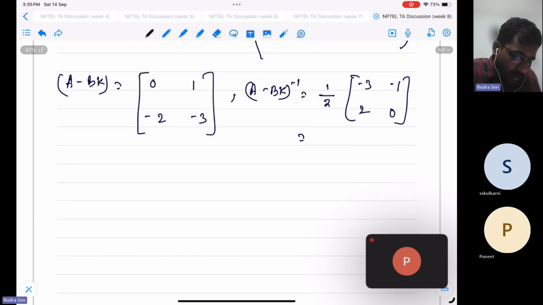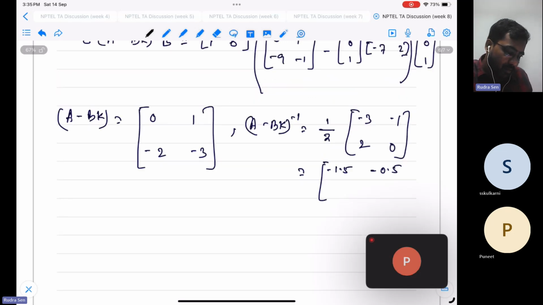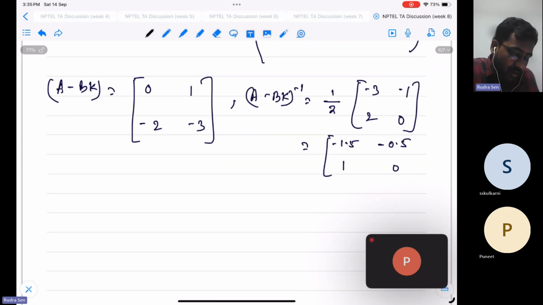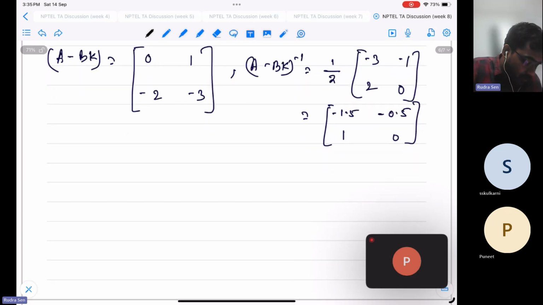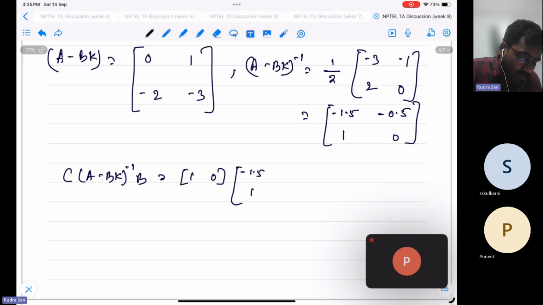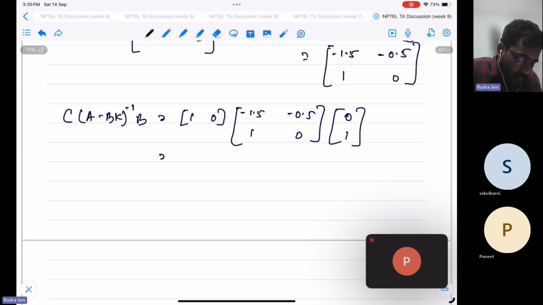So what it would be? It would be minus 3 by 2, that means minus 1.5, minus 0.5, 1 and 0. Okay, so therefore C times (A minus BK) inverse times B, what it should be, [1 0] times [-1.5 -0.5; 1 0] and [0 1].